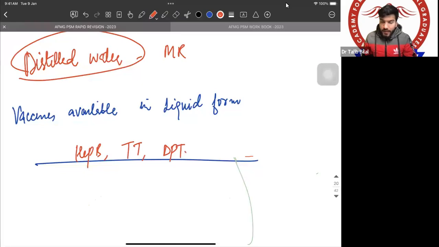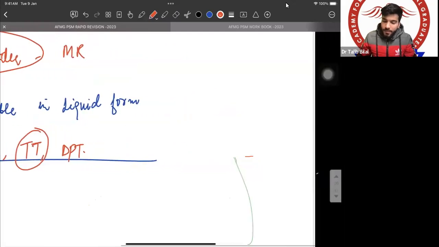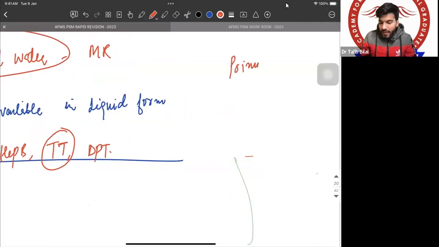Now for tetanus in pregnancy, when is the first dose? You can give it in the first trimester. When is the second dose? The second dose you can give 3 weeks prior to delivery. If she is a primigravida, then 2 doses.